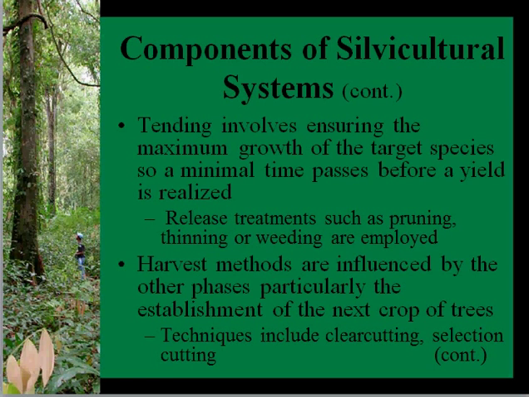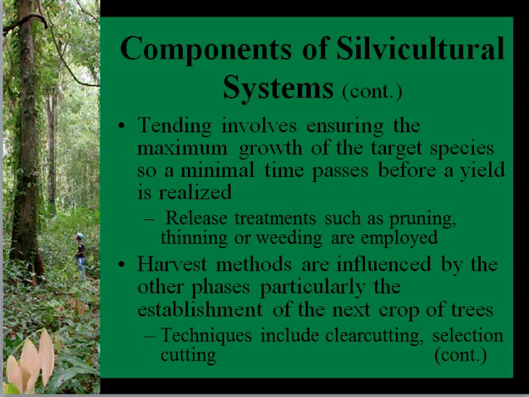I've also already spoken about clear cutting and selection cutting and how the different harvest methods like clear cutting and selection cutting would be controlled by the objectives of your silvicultural system and also constraints placed on your management of your forest by the context in which your forest is.